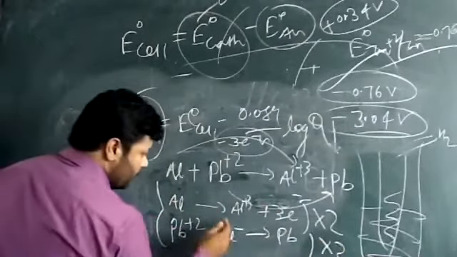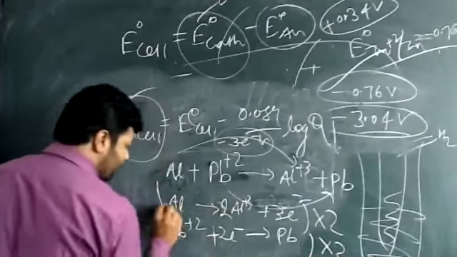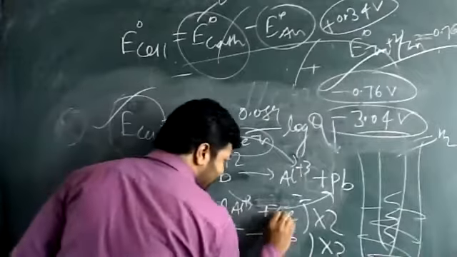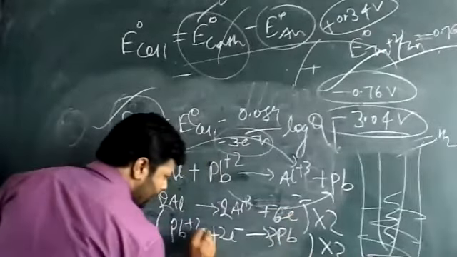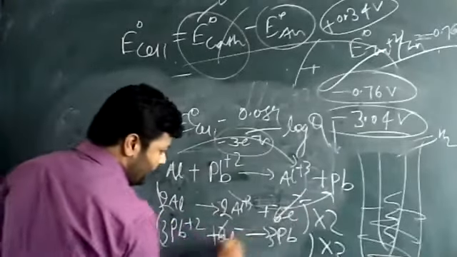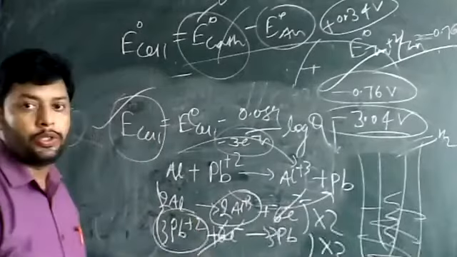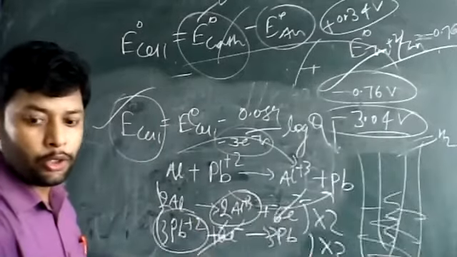So multiply the full equation by 2 and by 3, giving 6 and 6. The 6 electrons cancel out. We are having 2 aluminium plus 3 and 3 Pb plus 2.